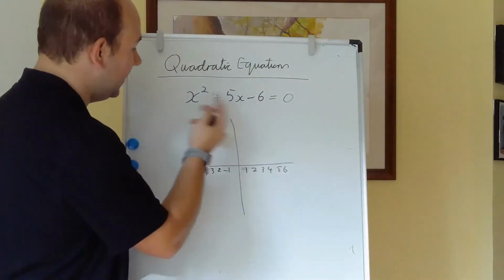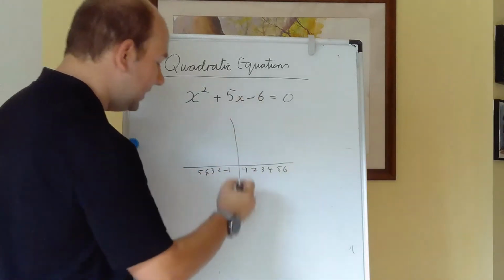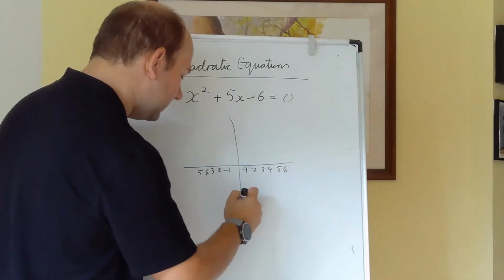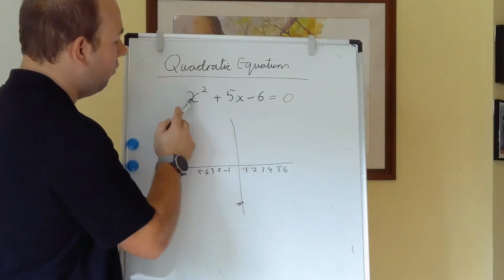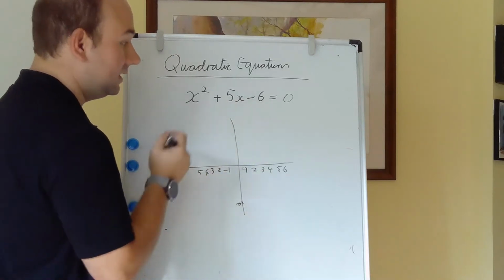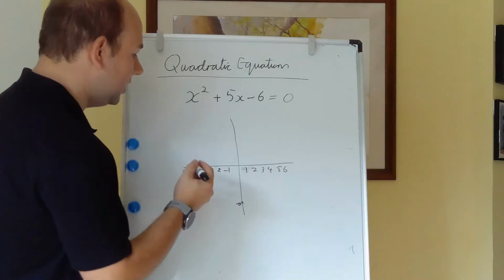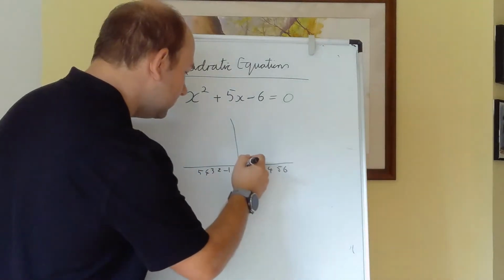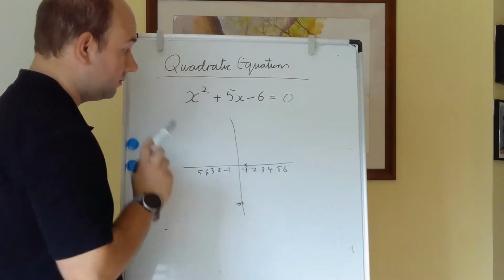And we just start plotting them on here. Let's say we start off with 0, we end up with minus 6, let's say it's there. We can plug 1 in, so we're going to have 1 plus 5 is 6, minus 6 is equal to 0. So that actually is a solution. So 1 is a solution.